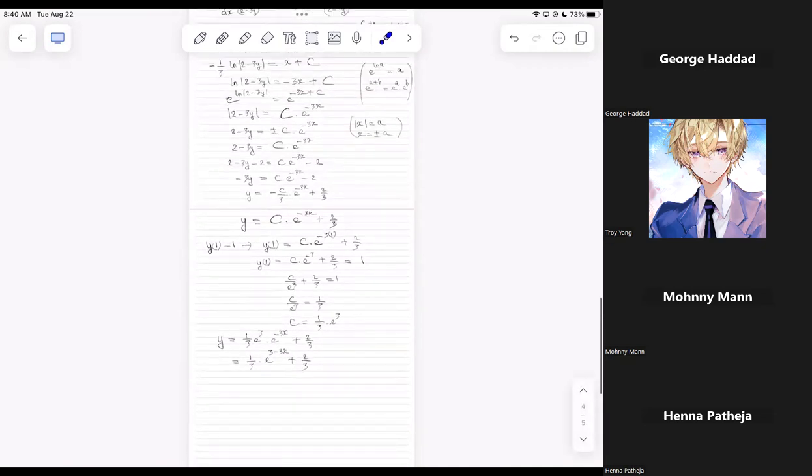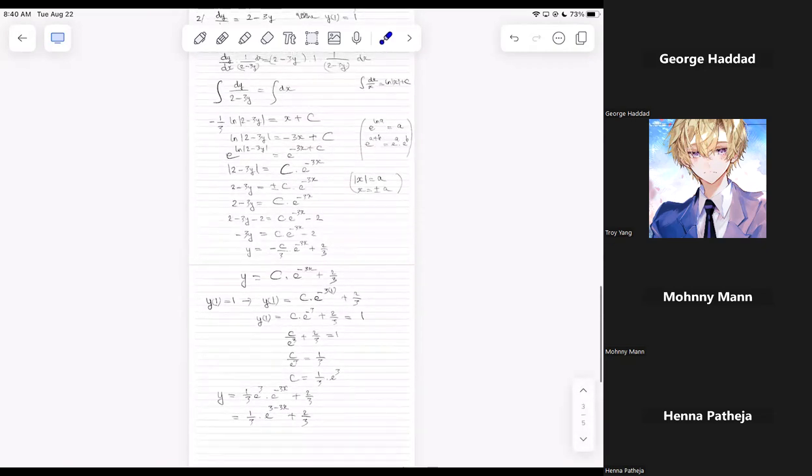So the technique you learn from this is really important. Whenever you see the constant only depends on the initial condition, you just replace it by a new constant, just the other c or k or whatever.